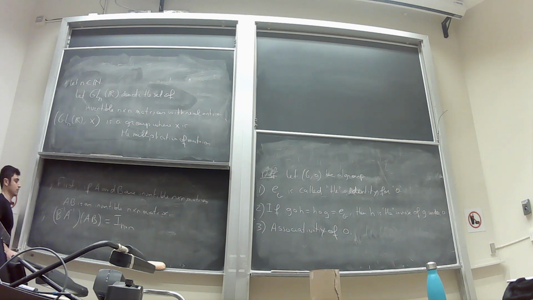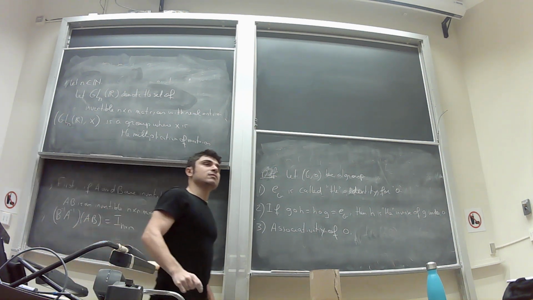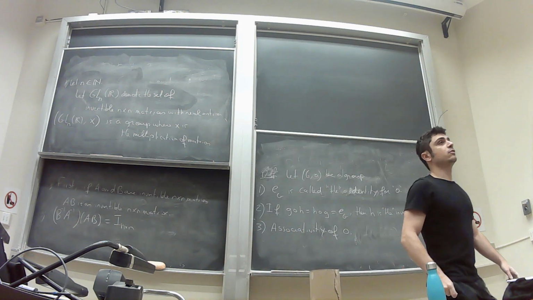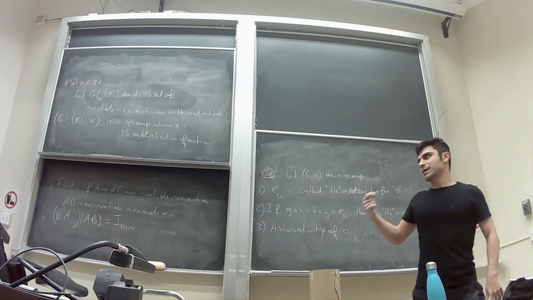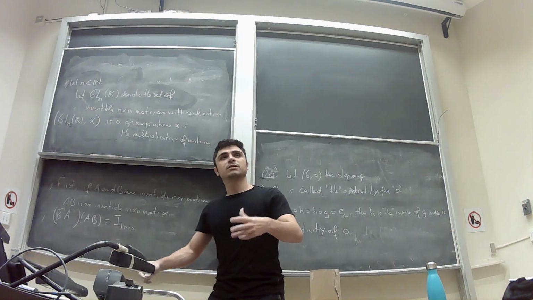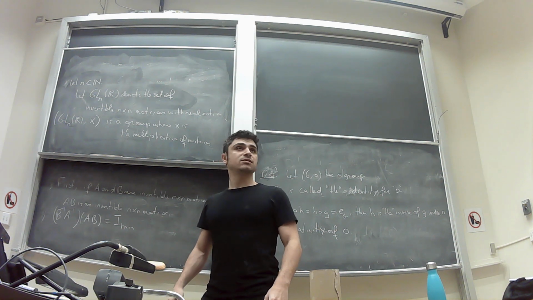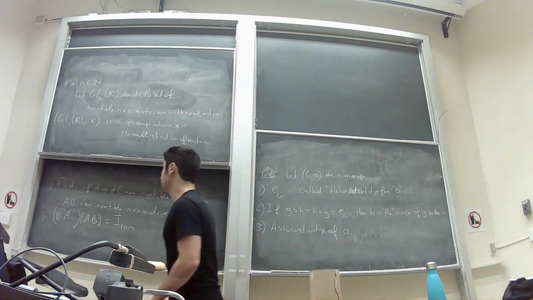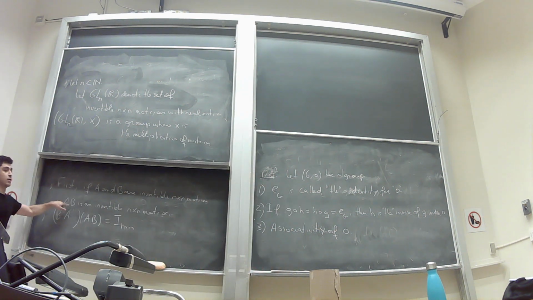Or, another way to see that: an n by n matrix with real entries is invertible if and only if what? Its determinant is non-zero. Now, the determinant of a product of two n by n matrices is the product of the determinants, no?